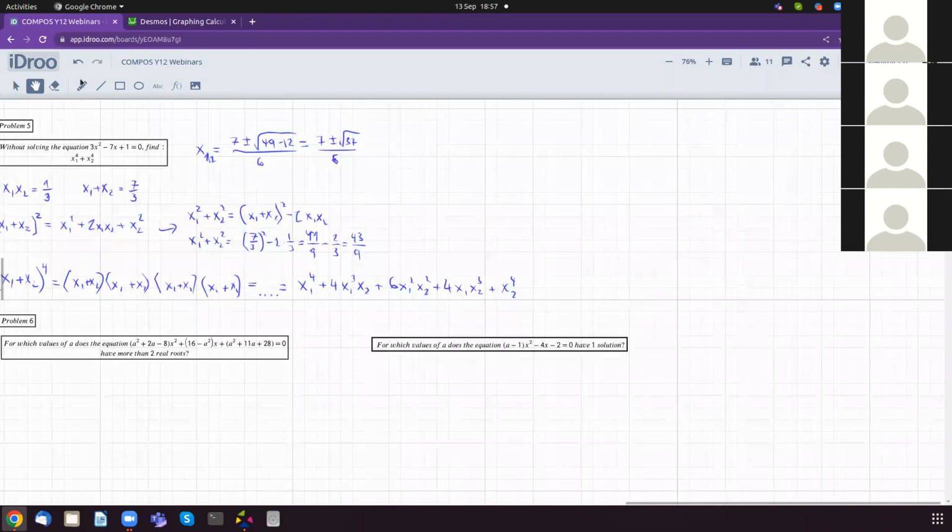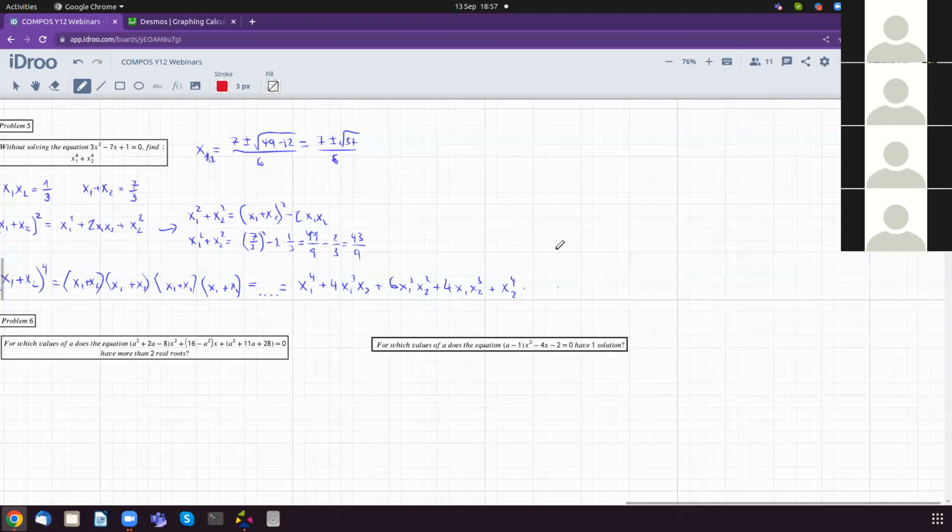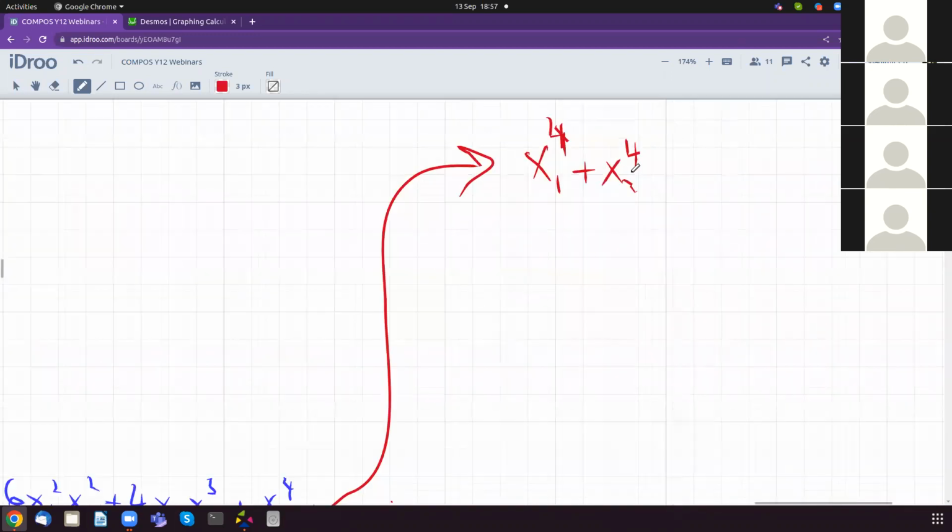Okay, now I need some more space, so I'm going here. I express x1 to the power 4 plus x2 to the power 4. Apologies for the handwriting, it's glitchy.